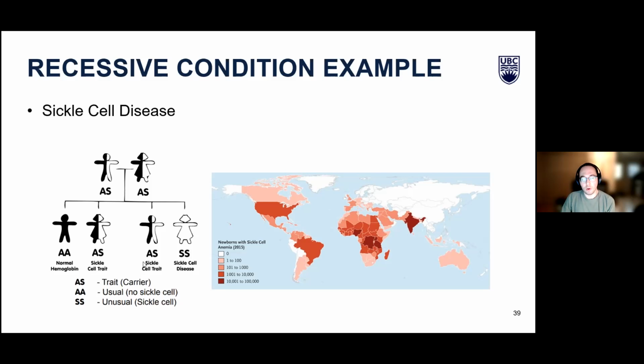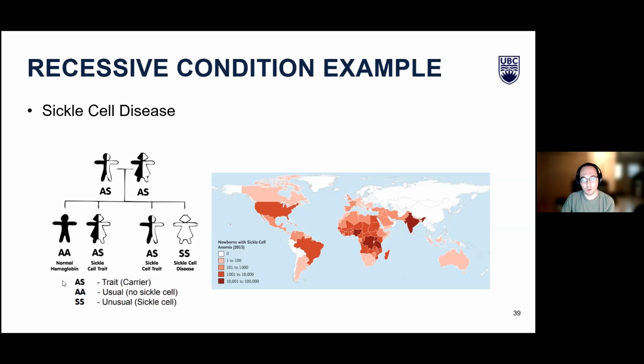Interestingly, people who are carriers of the sickle cell mutation actually have a lower risk of contracting and suffering from malaria. And I won't go into why exactly that is, but because of that, people with sickle cell trait don't have sickle cell disease, so they're not dying from that.